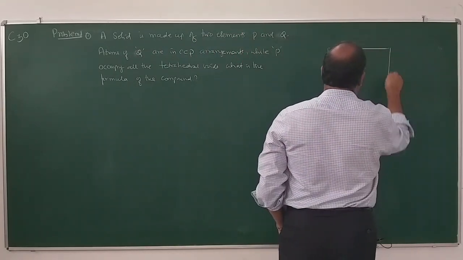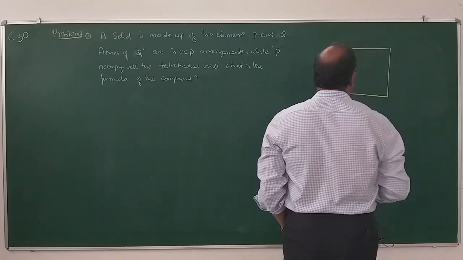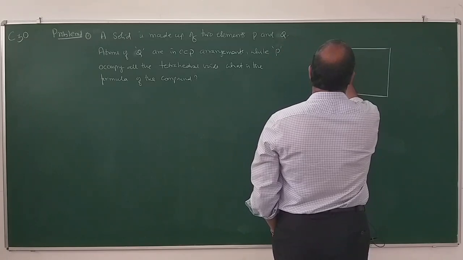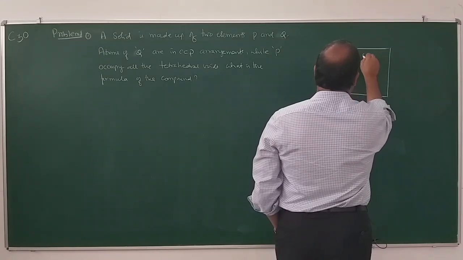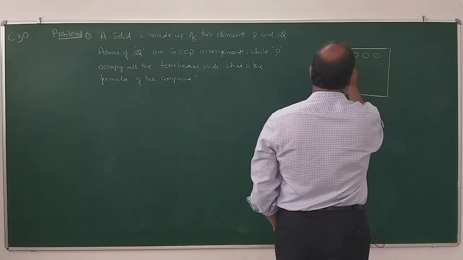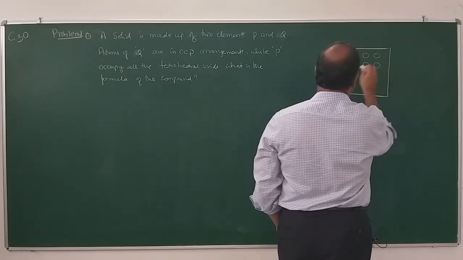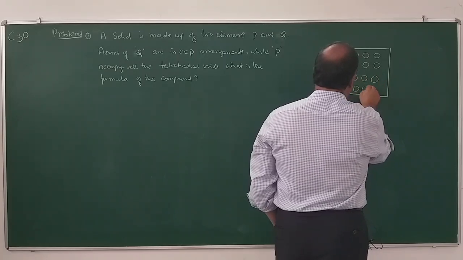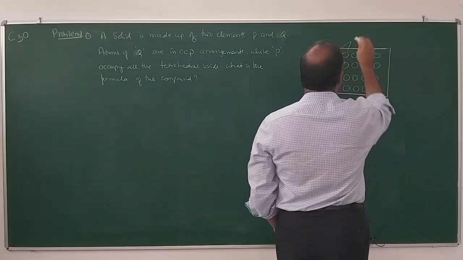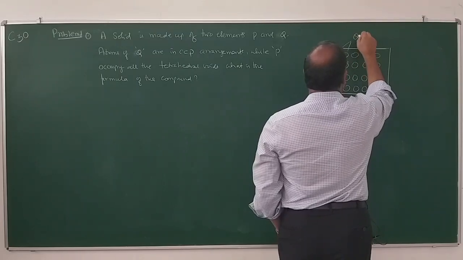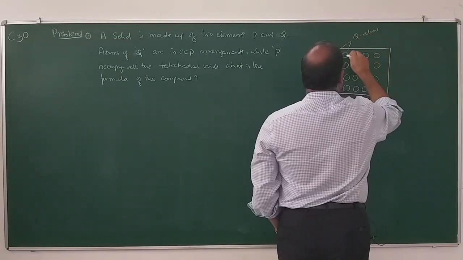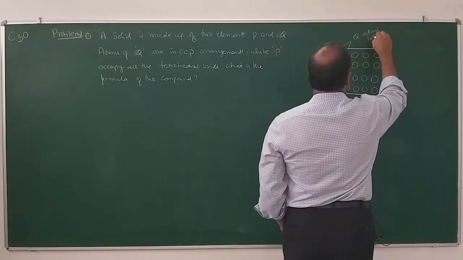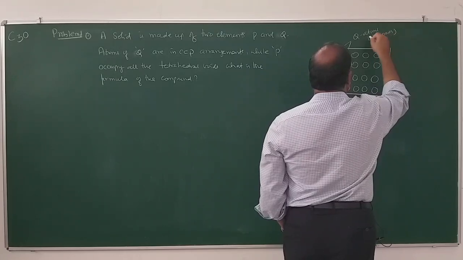So the problem is like this. Here is a solid. It is made up of atoms of two elements. Atoms of Q are in CCP, which means these are Q atoms. They form the lattice points.